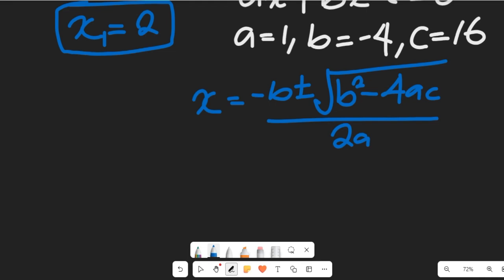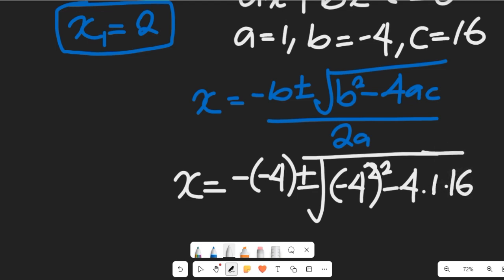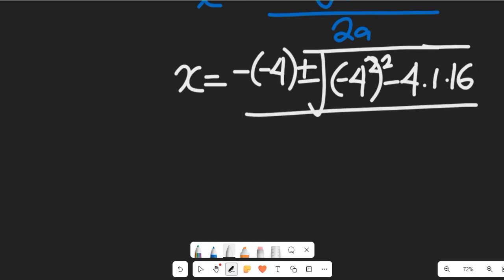So inserting all those values, the value of our x will be equal to negative multiplied by negative 4, plus or minus the square root of negative 4 squared minus 4 multiplied by 1 multiplied by 16, and all of these will be divided by 2 multiplied by a, which is 1.